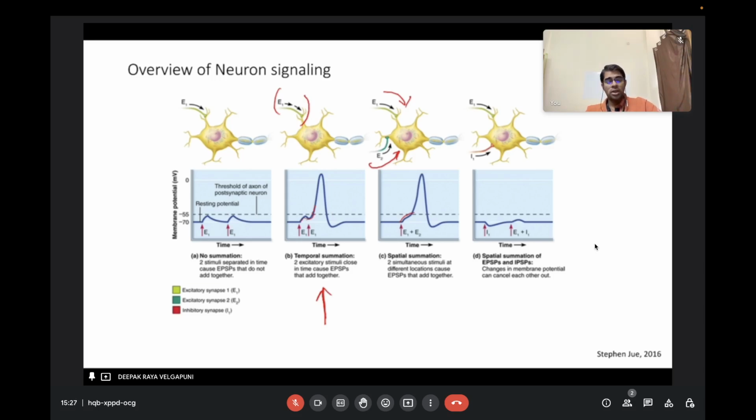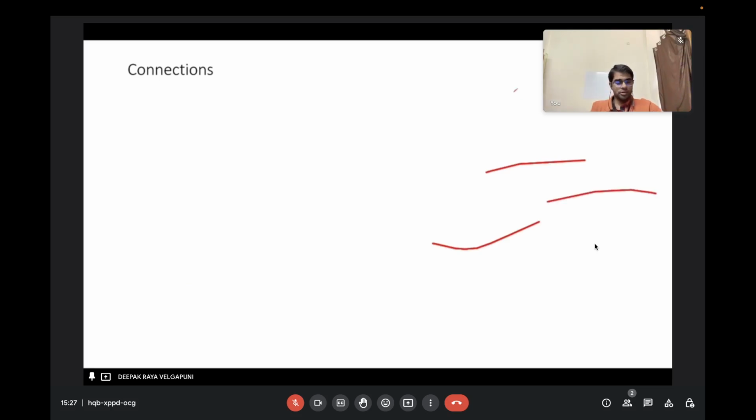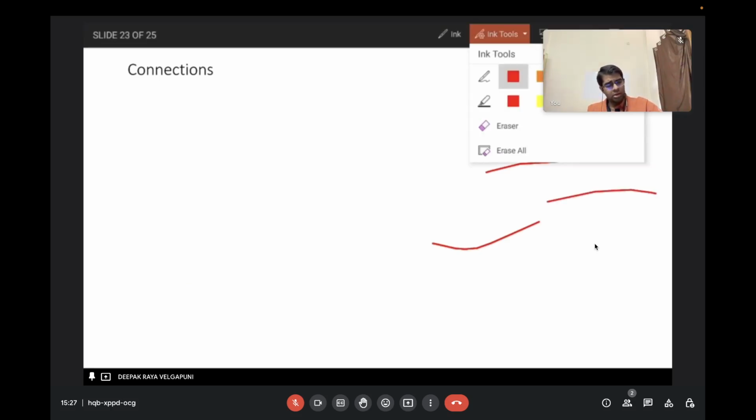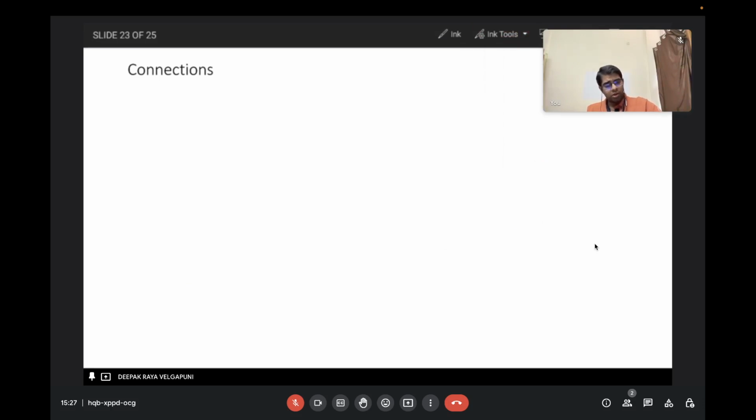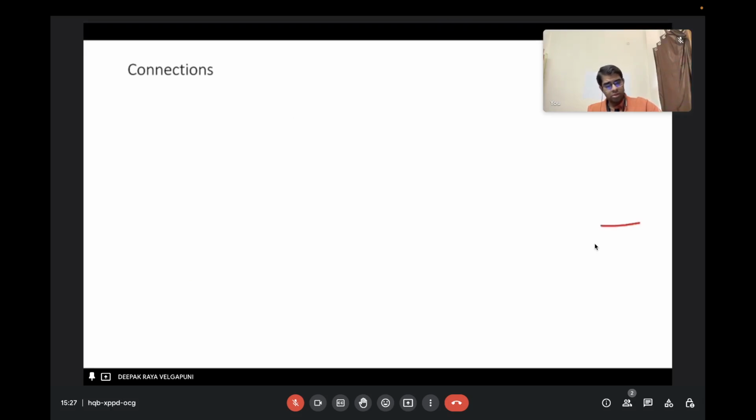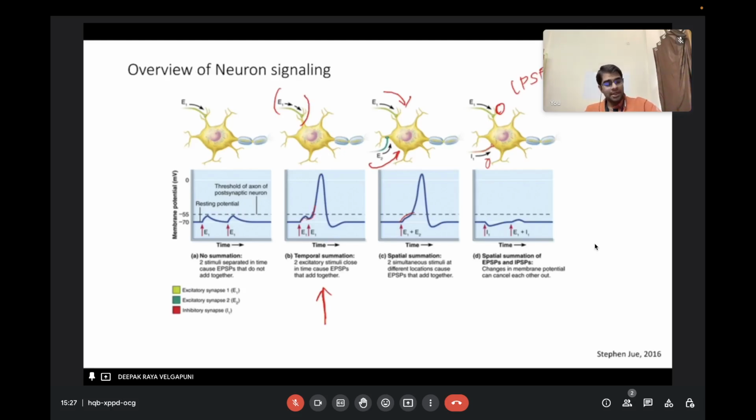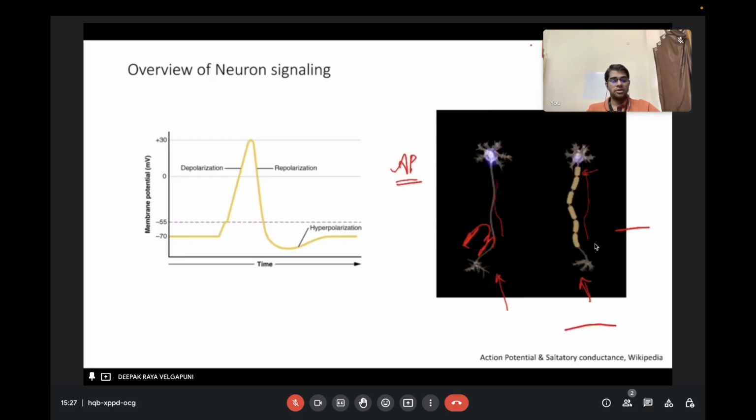The potentials created like this are called postsynaptic potentials, and it could be either an excitatory postsynaptic potential or an inhibitory postsynaptic potential. These potentials can add up in time or add up in space, and this way neuron signaling takes place from neuron to neuron, and you have seen what an action potential is.